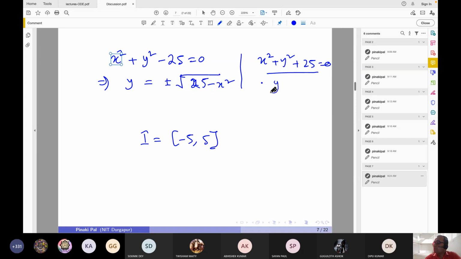Because if you write y as root over minus x² minus 25, it is not a real number. We are dealing with real functions and real differential equations. So therefore, we cannot extract an explicit solution from this. It is a formal solution because it is satisfying the differential equation, but it is not an implicit solution. Most of the time, while solving problems, we will not focus on this part.